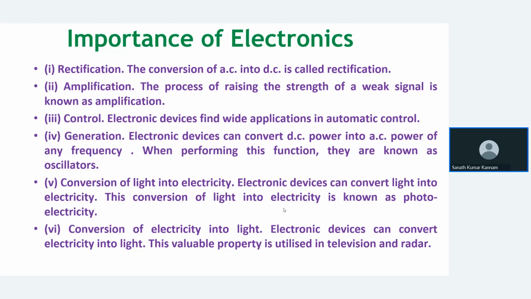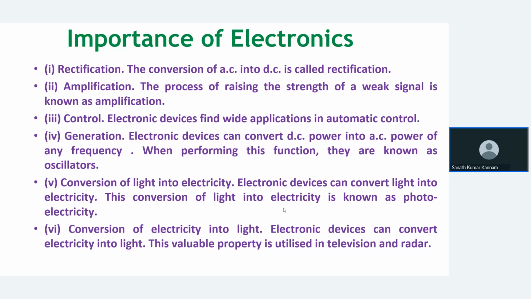Most transistors, like BJT and FET, we can use as an amplifier. Next is control of electronic devices, like automatic control in an automatic washing machine, or an automatic robotic arm.